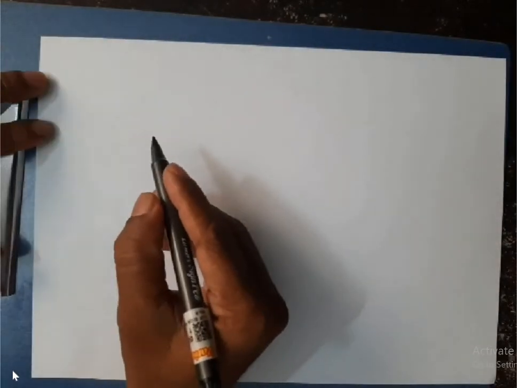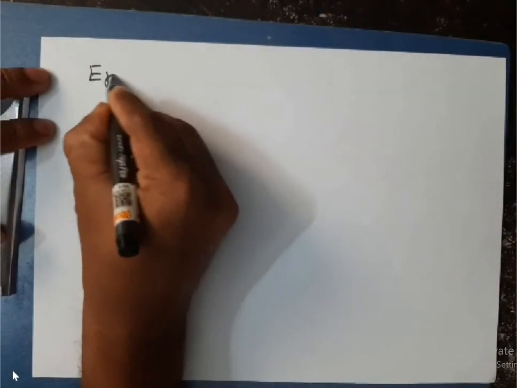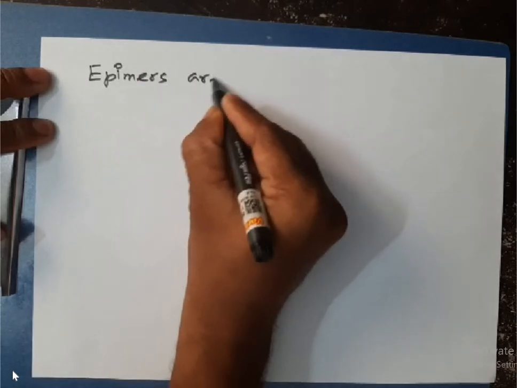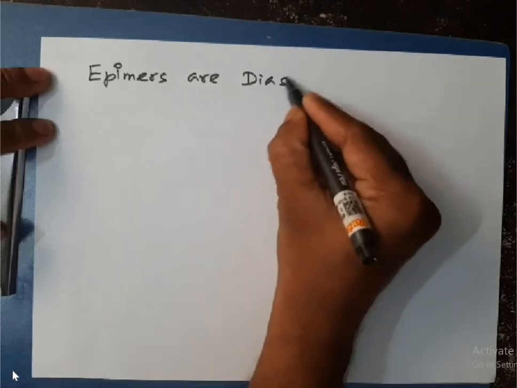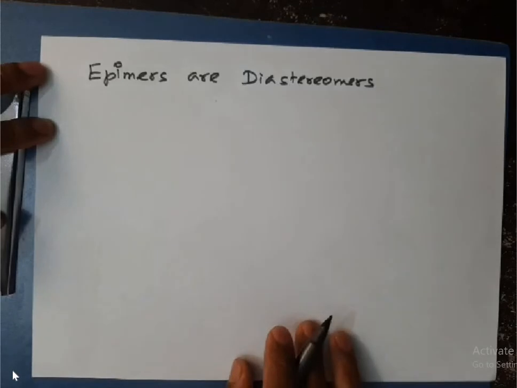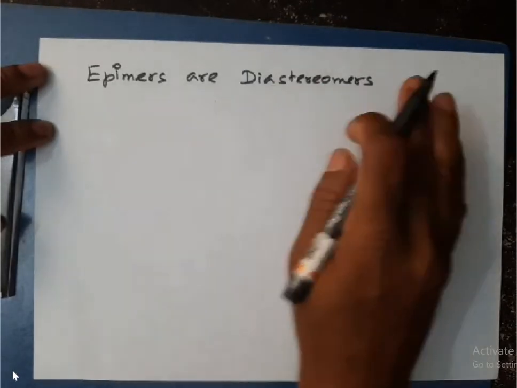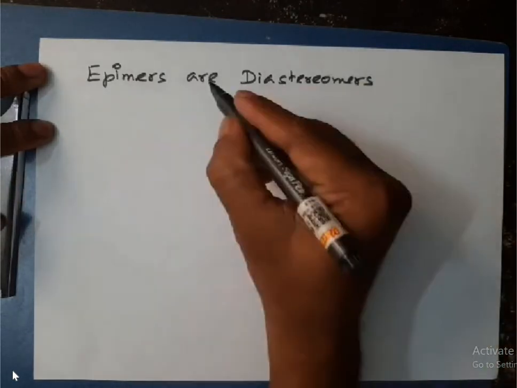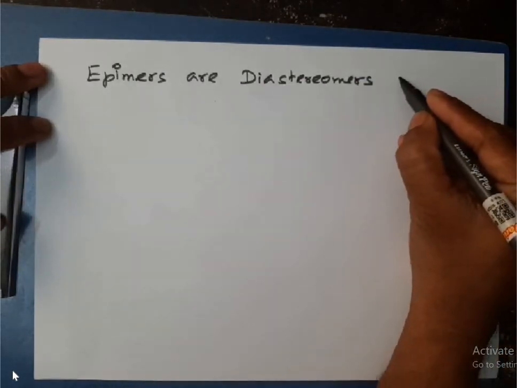What are epimers? Epimers are diastereomers. They do not have an object and mirror image relationship.